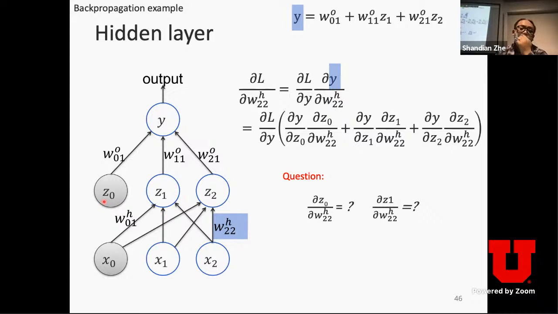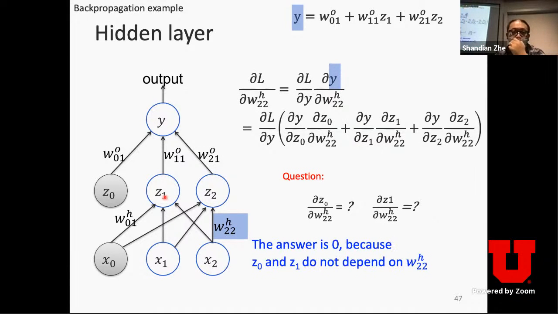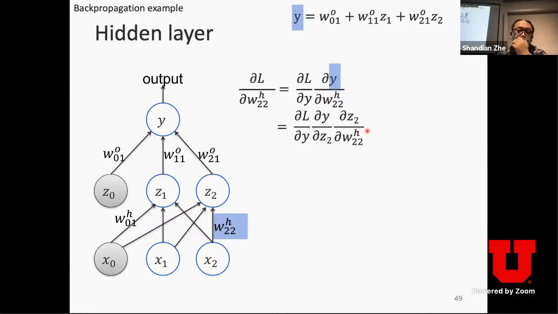So from the structure point of view, W22H is not related to Z0 and Z1. That's why the graphical view of the chain rule is also important, and I want to emphasize that point. Then we can safely cancel out the first two products in the parentheses. So our result is partial L over partial Y times partial Y over partial Z2, then times partial Z2 over partial W22H.